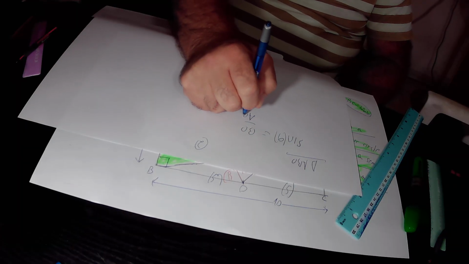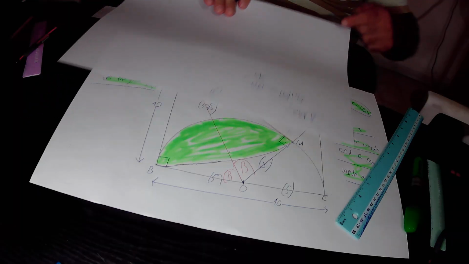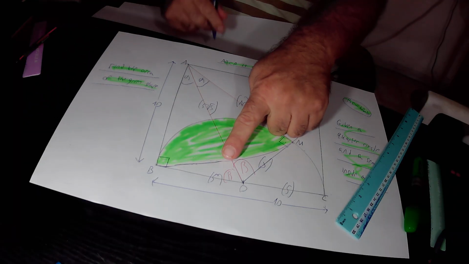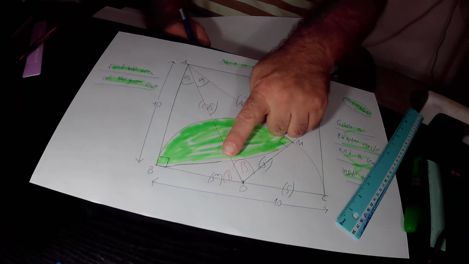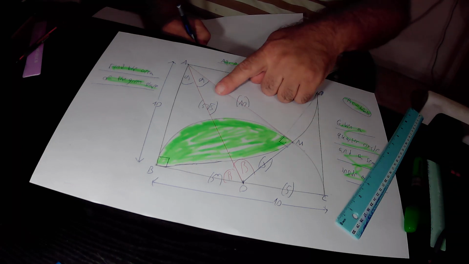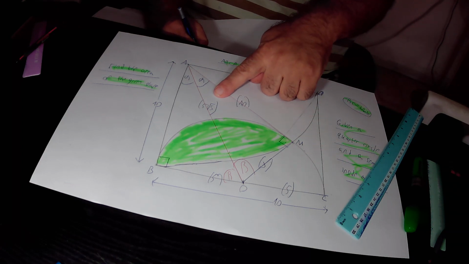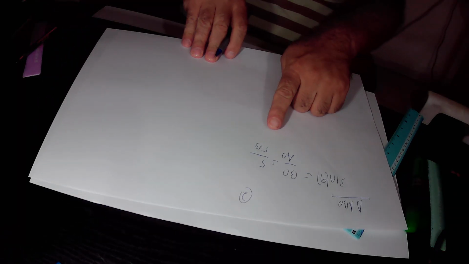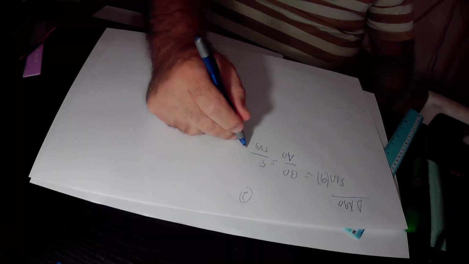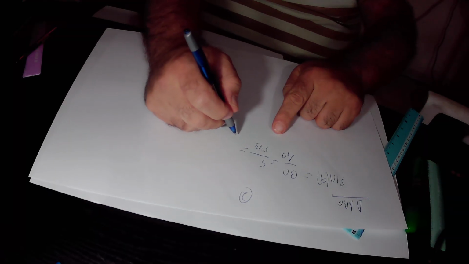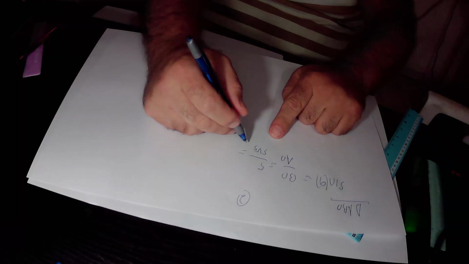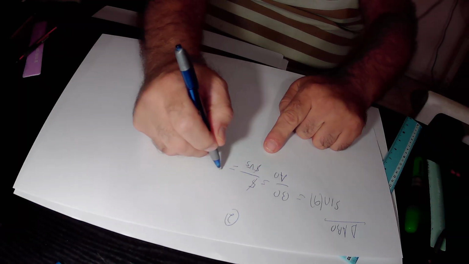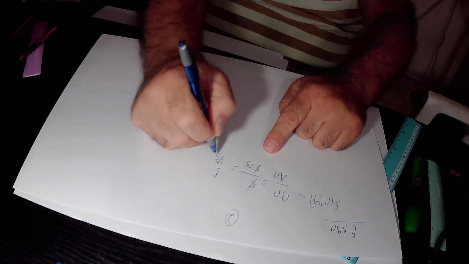So sine alpha equals BO over AO. BO is 5. The hypotenuse AO equals 5 times square root of 5. So in total, sine alpha equals 5 over 5 times square root of 5. We have 5 in the numerator and 5 in the denominator, so the 5 gets cancelled, and we're left with 1 over square root of 5.